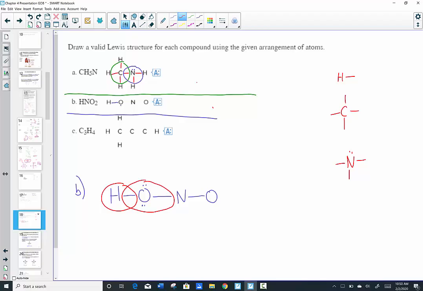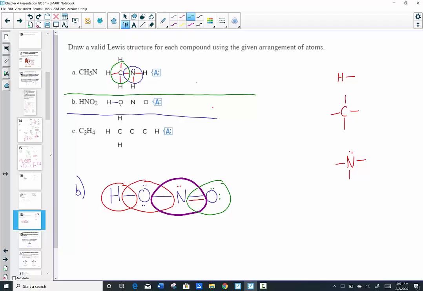Right now, this oxygen and nitrogen don't have enough bonds. That lets me recognize there needs to be a double bond, a set of dots, and see what we've done there. Here's 3 bonds, 1 set of dots on the nitrogen, and I need to repair this guy. There's oxygen's 2 bonds, 2 sets of dots.